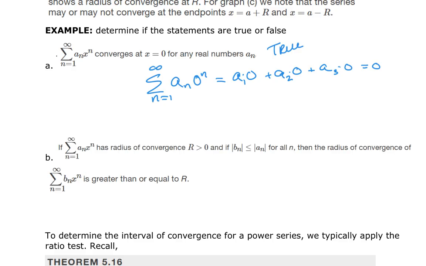This one is also true. Notice that the absolute value of b sub n is less than or equal to a sub n. So that tells me that b sub n over a sub n has to be less than or equal to 1, because a sub n would be larger. And since that's true, the radius of b sub n must be greater than or equal to the radius r. So this one is also true.